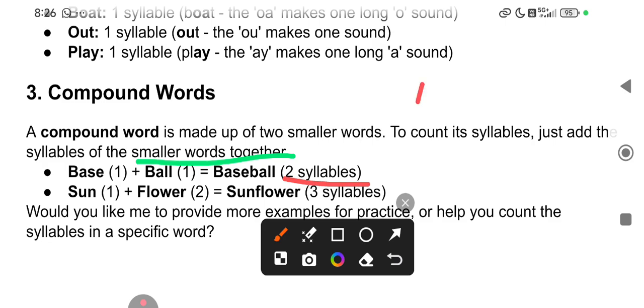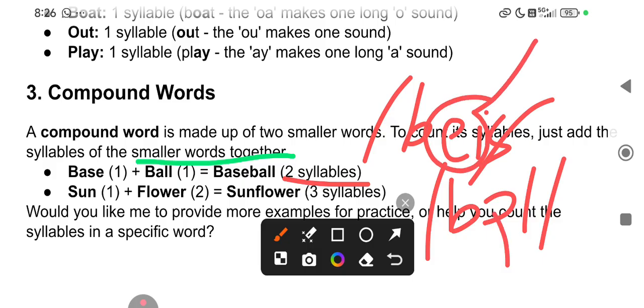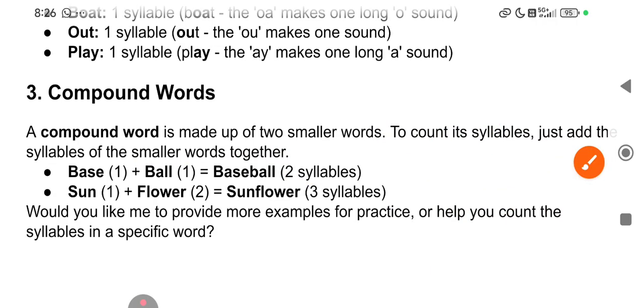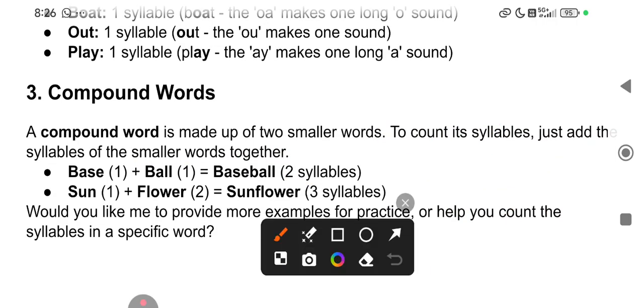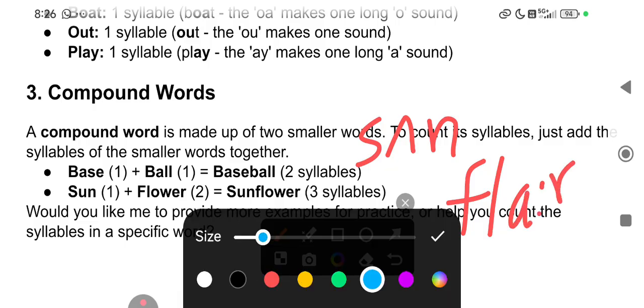Base, ball, baseball, right? So base and ball, baseball, two syllables. Okay. Then sun, flower. So that's sun and flower, sunflower. How many syllables?